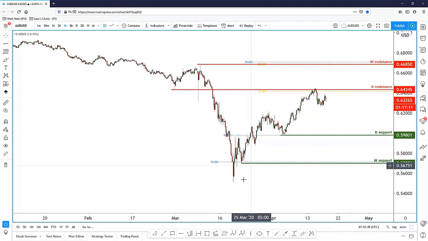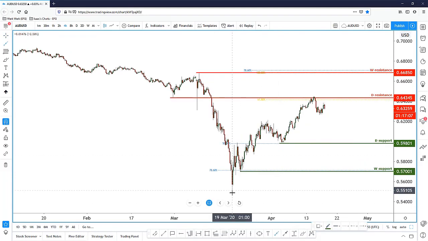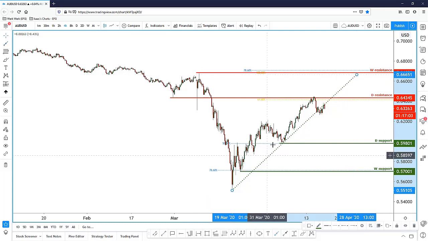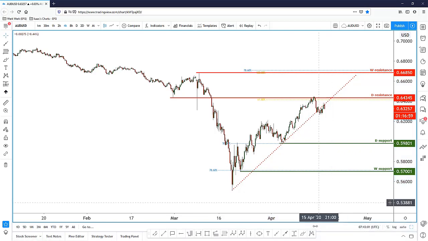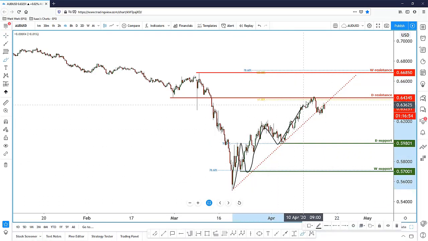And what I have here is if I were to draw an ascending trend line support connecting the lows, we'll see that, let me change this line to red because now it's actually a resistance. We see that price was actually holding steadily above this ascending trend line. But when it came here, it broke below, and now there's a pullback to test.